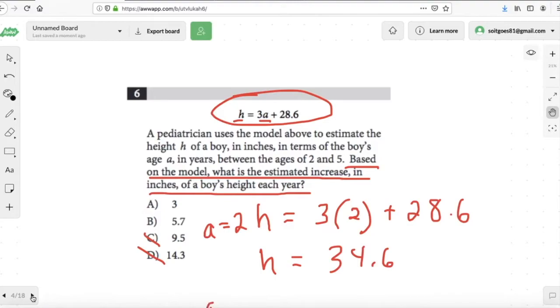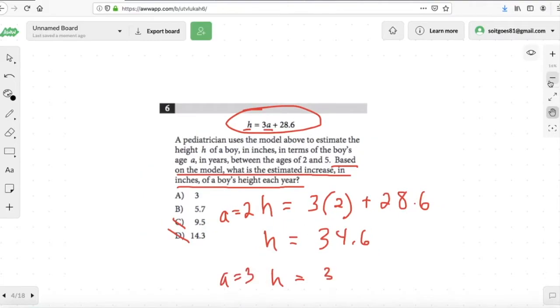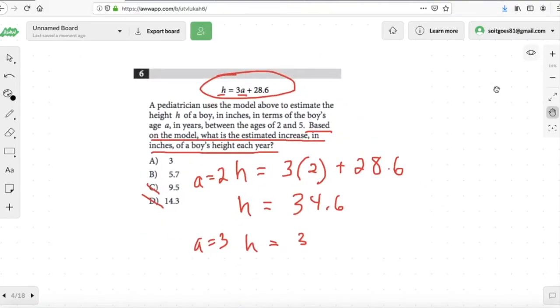Let's make A equal 3. So it's not times A, but 3 times 3 plus 28.6. What's his height when he's 3 years old? 37.6. 37.6. What's the increase there? 3.